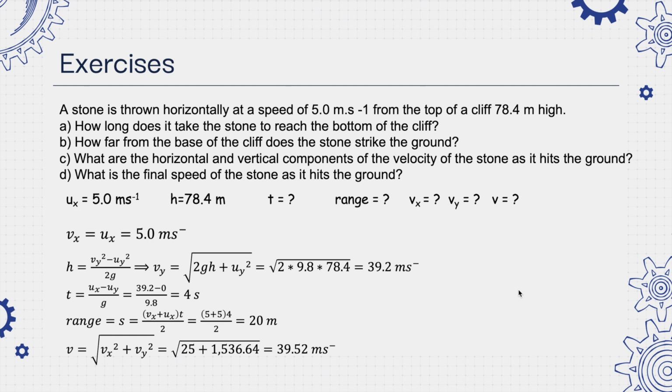And when the final speed is asked and you have the two components, you can just use the formula square root of Vx squared plus Vy squared. To do these problems, the most important thing is to divide the vertical and horizontal components and use the formulas.